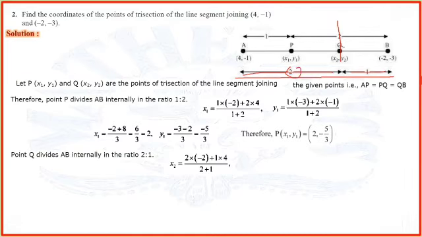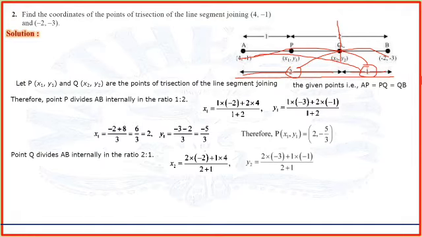So x2 is 2 into minus 2 plus 1 into 4 upon m1 plus m2. Similarly for y2, 2 into minus 3 plus 1 into minus 1, upon 3.